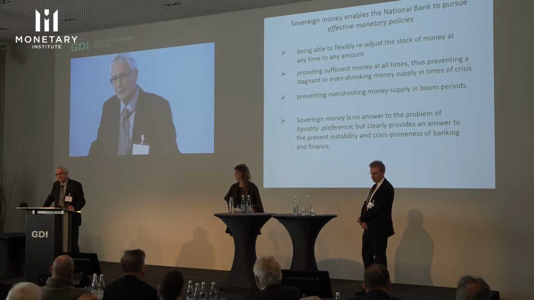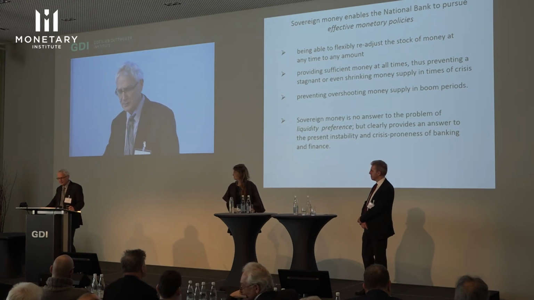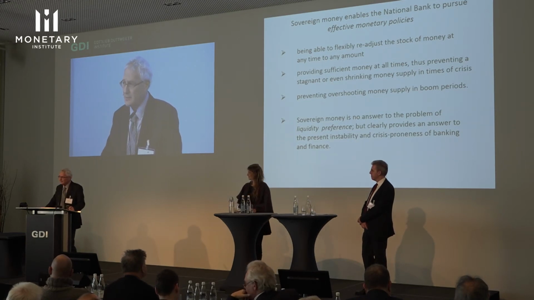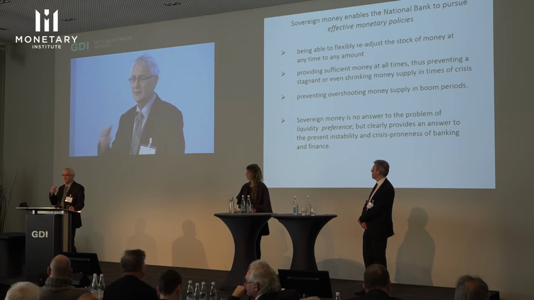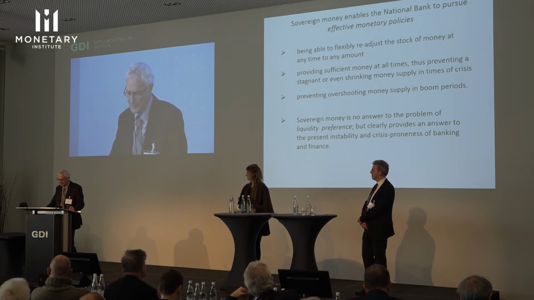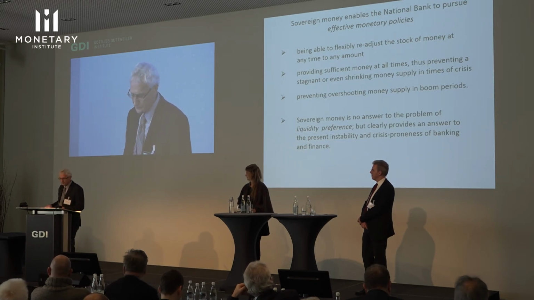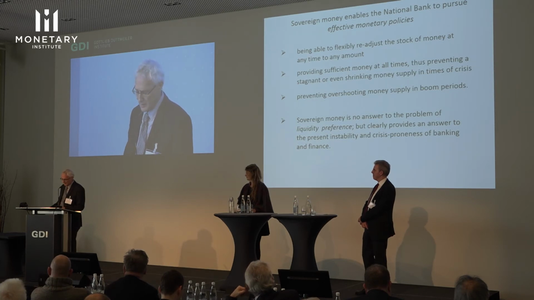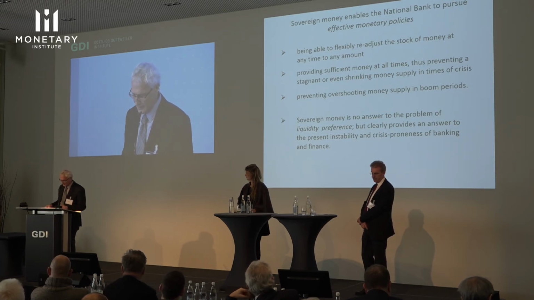And as the central banks would be in full control of the stock of money, they would be able to pursue effective monetary policy, being able to flexibly readjust the stock of money at any time, at any amount, providing there is always enough money, and making sure there is no overshooting money supply as well. Now I have to come to an end.